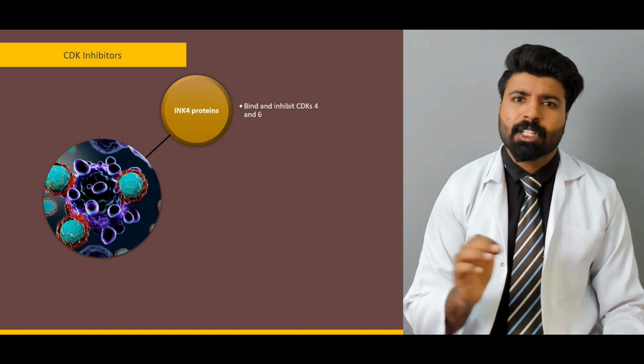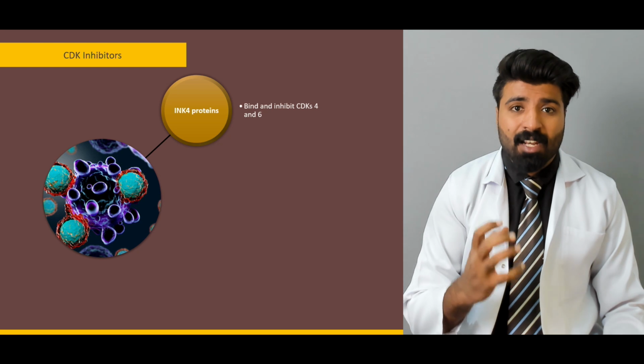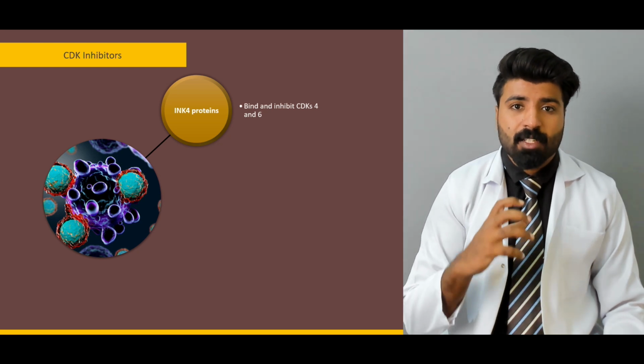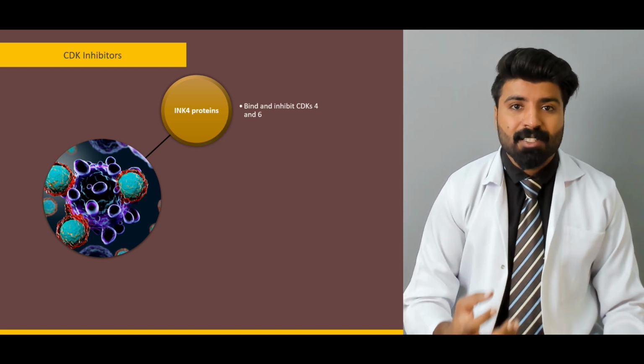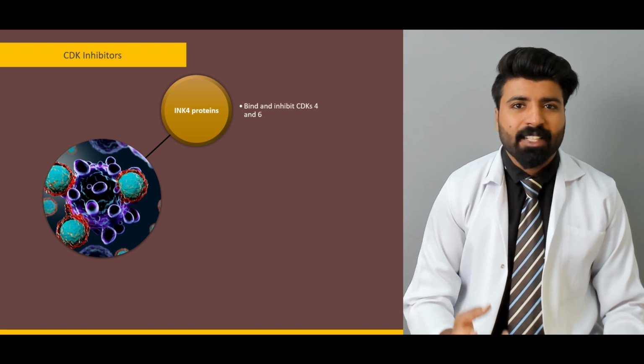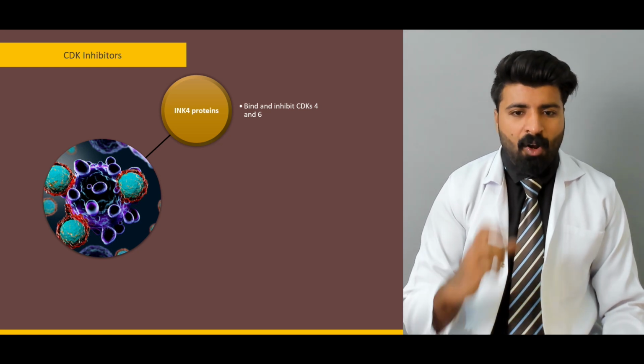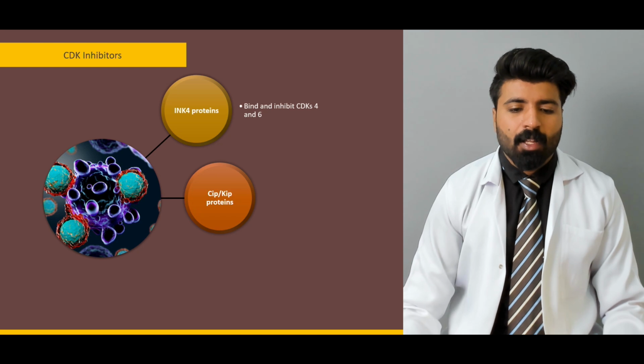So cyclin D and cyclin E won't be activated. The cell cycle won't continue because the cell has a need for the production and the presence of cyclins. So if this is inhibited, the major cyclin is of no use. So the cell cycle halts in that process. Next protein is CIP and KIP proteins.